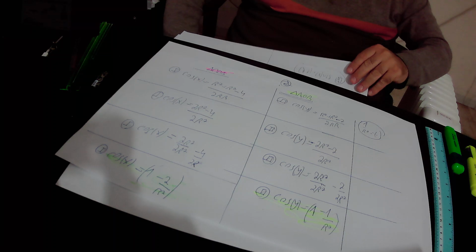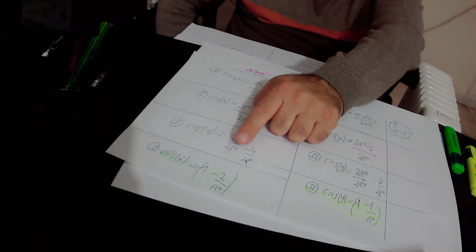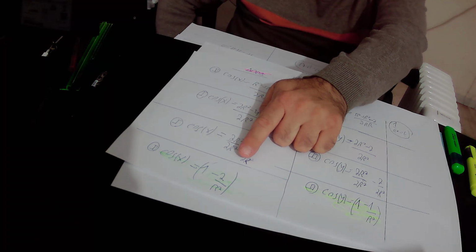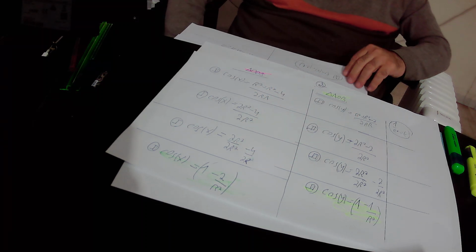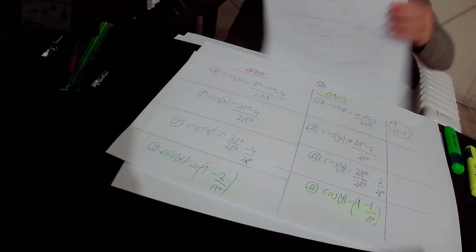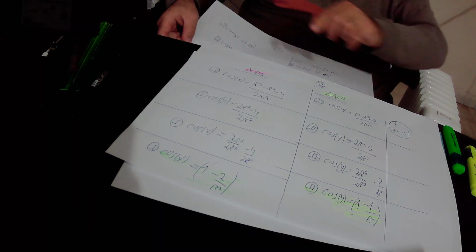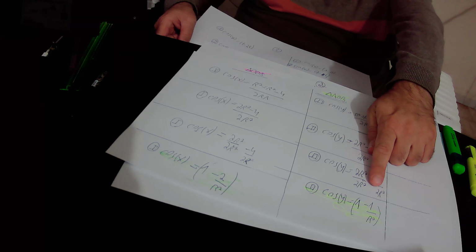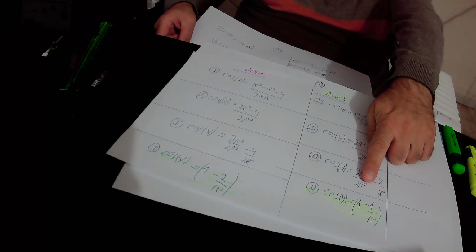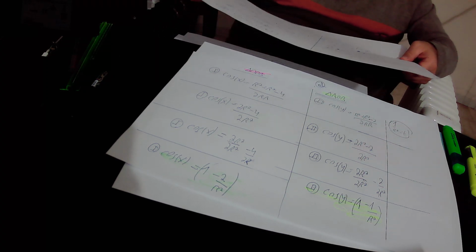And we found that according to equation number 1, cosine x equals 1 minus 2 times 1 over r squared, and 1 over r squared is t, so in total it is 1 minus 2t. Here we have cosine y equals 1 minus 1 over r squared, and 1 over r squared is t, so in total we have cosine y equals 1 minus t.